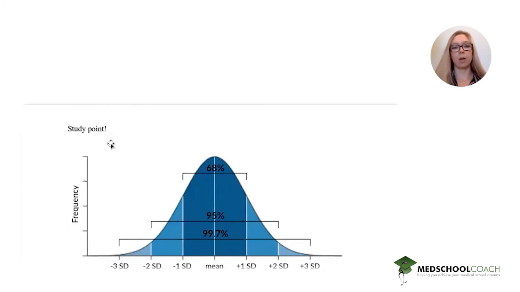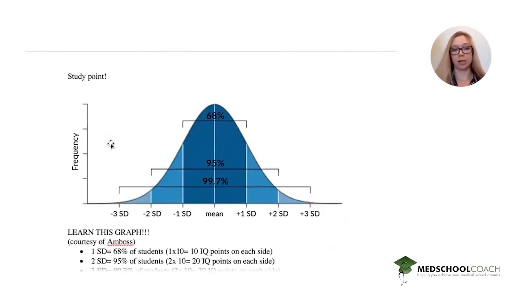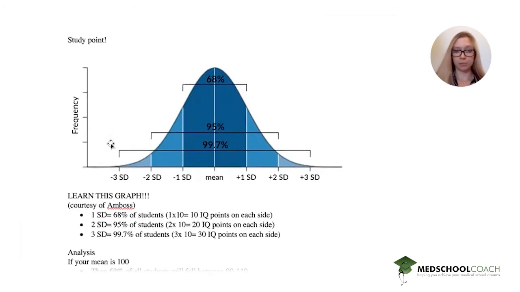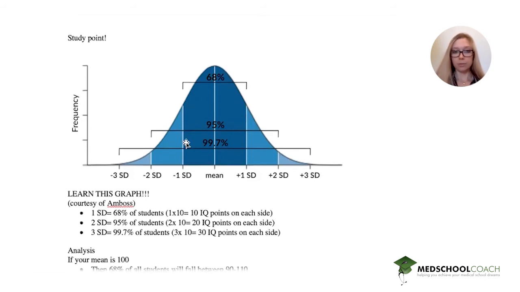Now, this question is testing if you know normal distribution and standard deviation percentages. So this graph is gold to memorize. Make it your phone background, make it your computer background. This will help you a lot in these kinds of questions. So let's say your mean is right here.